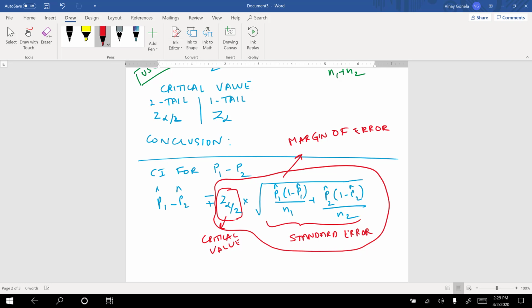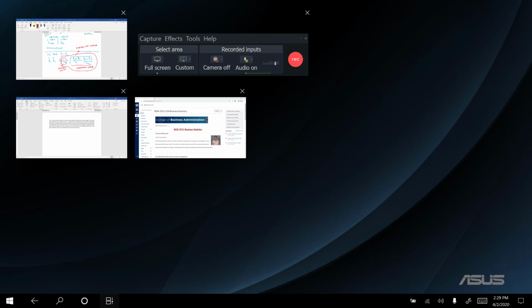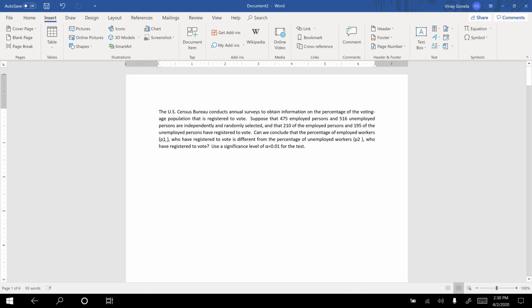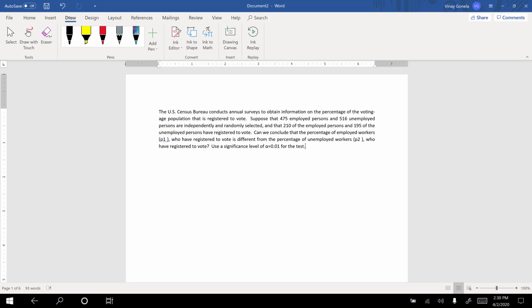So that's the concept for proportions. I will try to solve a problem on proportions. Here is our problem. The US Census Bureau conducts annual surveys to obtain information on the percentage of the voting age population that is registered to vote.